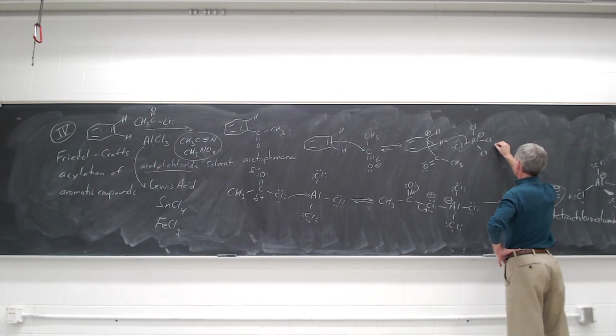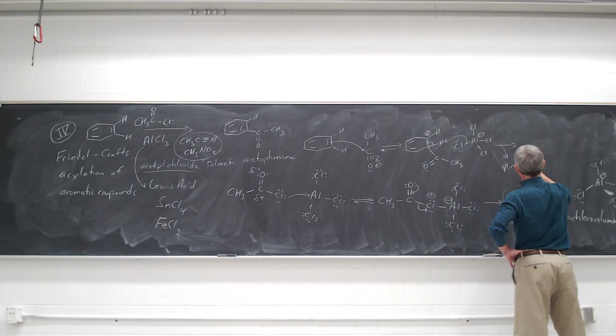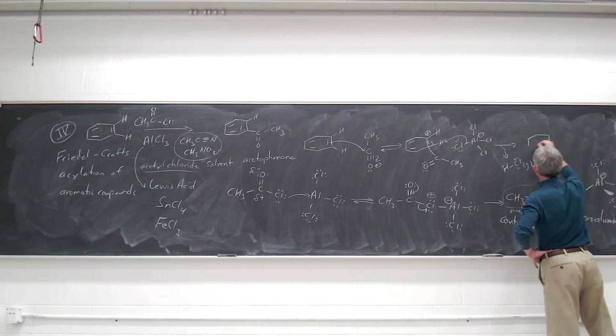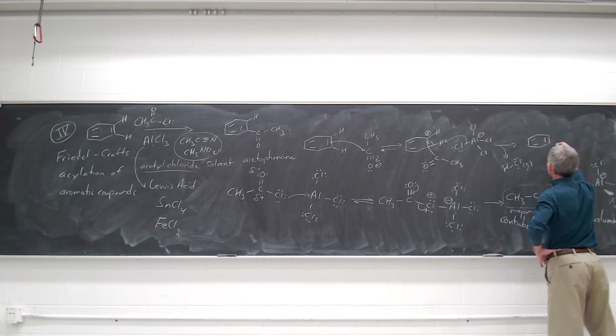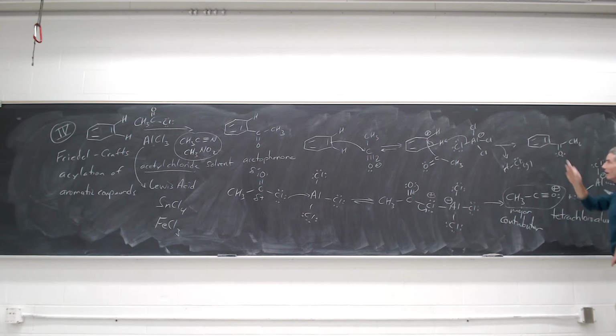So that will generate HCl gas as a product. And it will give us our ketone and aluminum chloride.